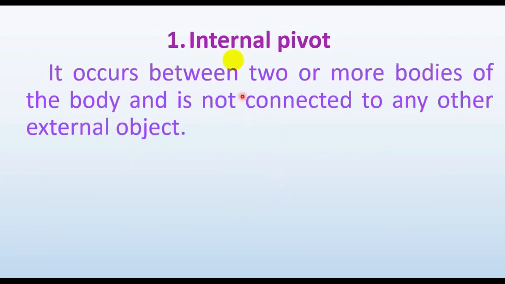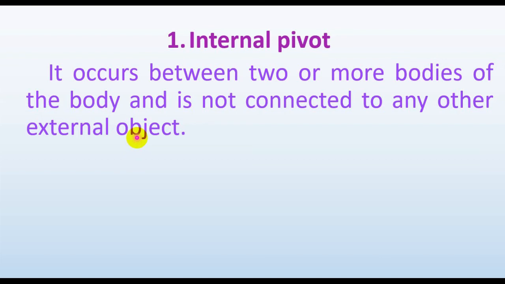First one, internal supporting or internal pivot. It occurs between two or more bodies, not one body interconnected to any other external objects. So it should be between two bodies, and it doesn't have any external supporting outside.